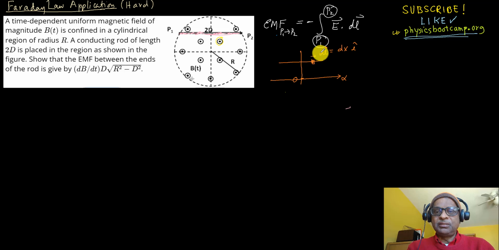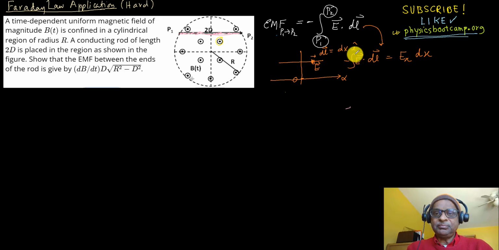And at that point, there's some electric field we need to figure out. So E dot dl will be the x component of electric field times dx, so this will be an integral. So this integral will be minus that. This point will be some x1, and this point is some x2.